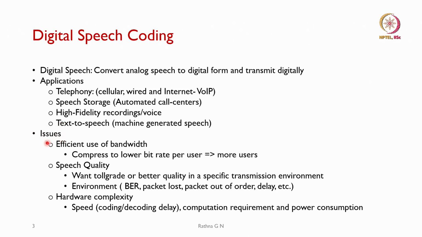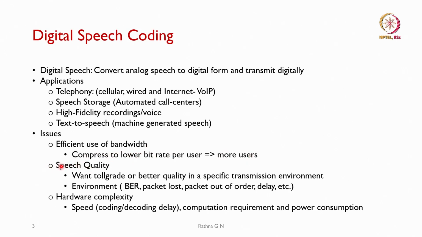So, what are the issues? One issue when we are transmitting is that we need efficient use of bandwidth. That is, we can compress to a lower bit rate per user, so that we can cover more users in this particular bandwidth.